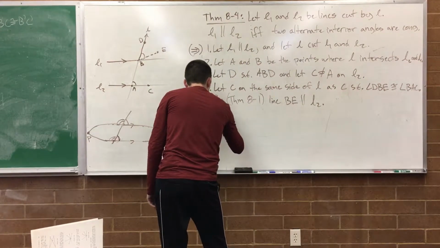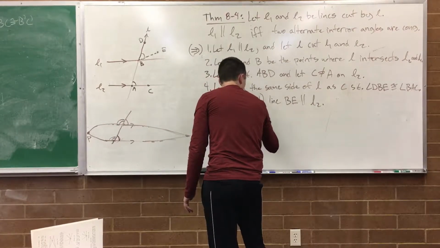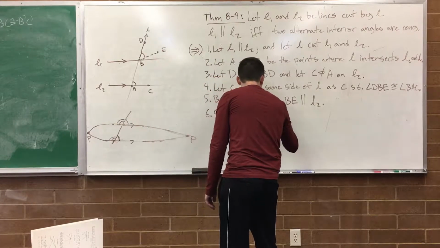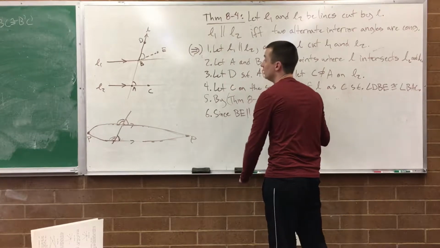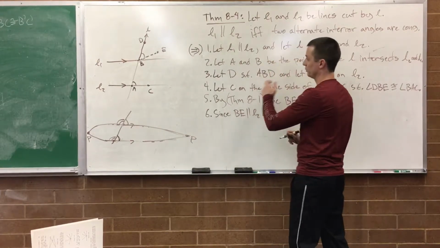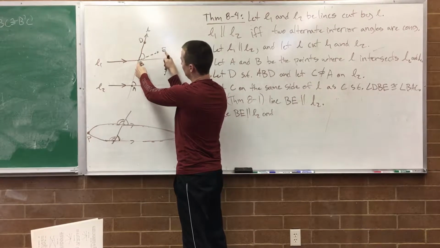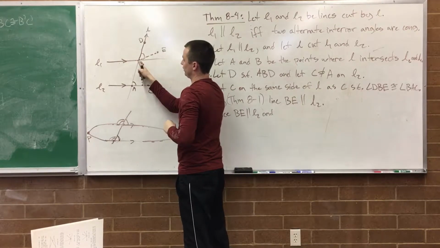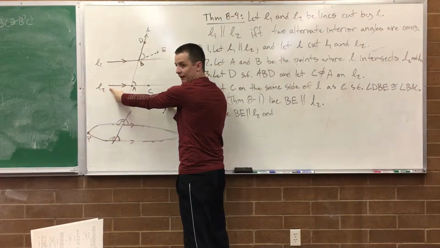6. Since BE is parallel to L2, and BE, well, what's the best way to explain this? I want to say, look, BE and L1 both intersect B and are both parallel to this line.